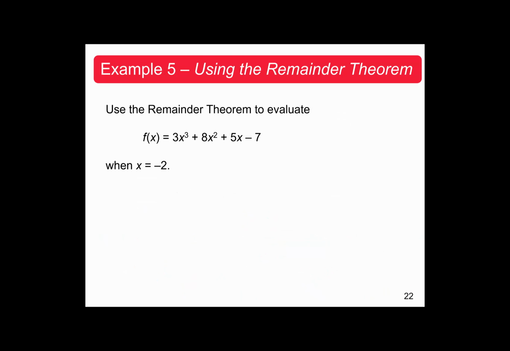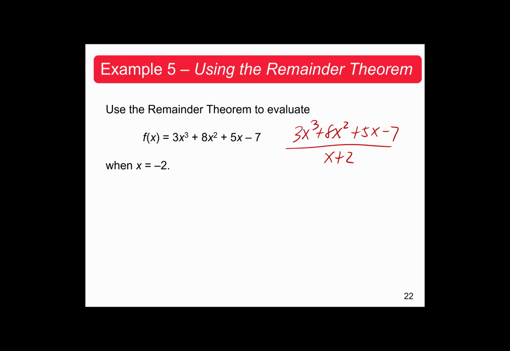Okay, so that's the remainder theorem. So apply the remainder theorem. So the remainder of this function, when dividing x cubed plus ax squared plus 5x minus 7 by x plus 2, let's see what that remainder is.